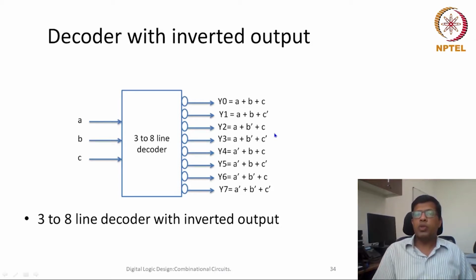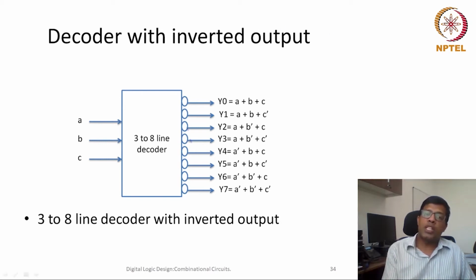So why do people use inverted output? Mostly there are two reasons. One is that in some scenarios, if the level is 1, then it will consume less power or less energy, or it can also consume less delay.